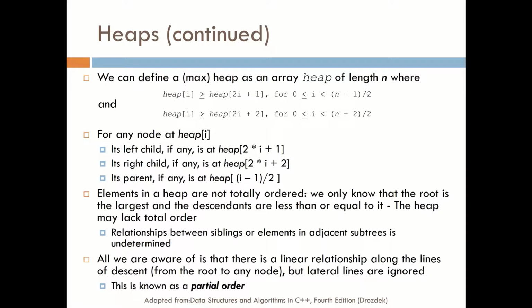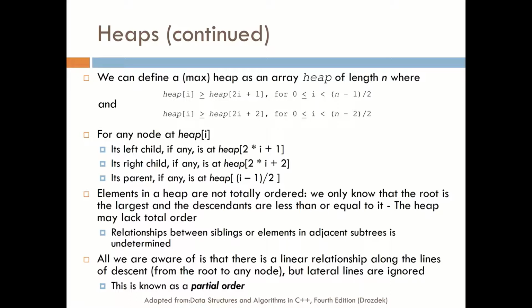Now, if we define a max heap as an array called heap, then we've got a couple of different properties, different statements that we can make about this heap. Assuming that it has n items in it, if we look at the item at location I, so heap sub I, that value has to be greater than or equal to the value at heap sub 2 times I plus 1 and heap sub 2 times I plus 2.